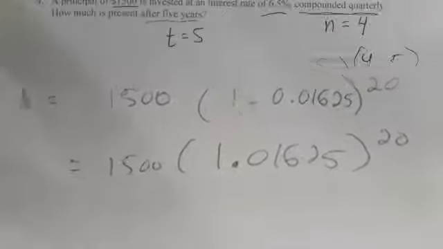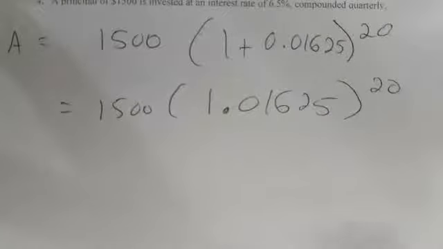So those should hopefully be pretty quick. And now, in order to do this, this is the thing that you're going to need your calculator for. I'm going 1.01625, and I'm raising this to the 20th power. That is giving me somewhere around 1.38042.